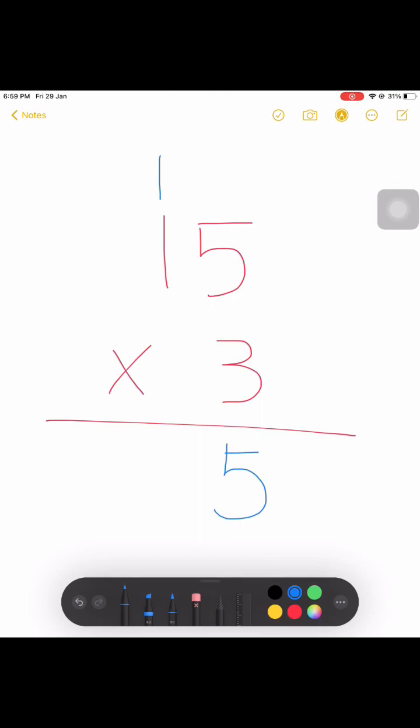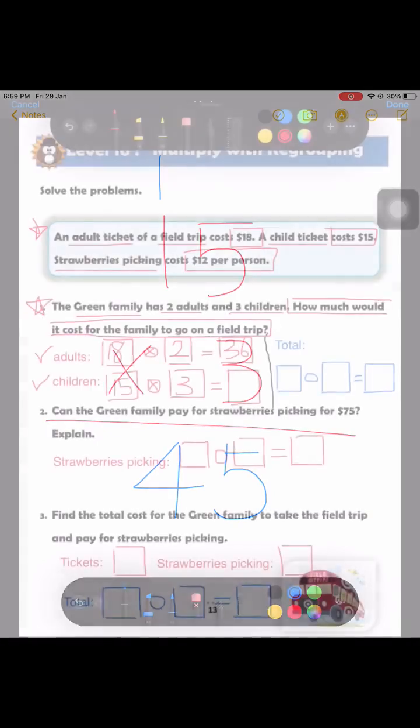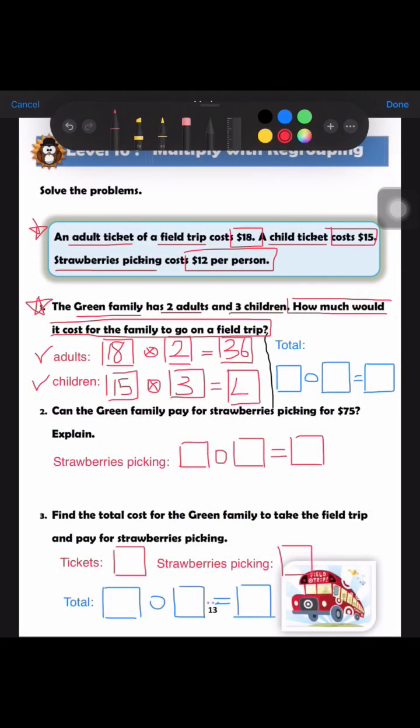And then 3 times 1 ten equals 3 tens. And then add 1 ten equals 4 tens. So the answer is 45. So 15 times 3 equals 45. And then we find the total cost. So for adults, it needs $36, and for children, it needs $45. So add them together. So the answer is 81.